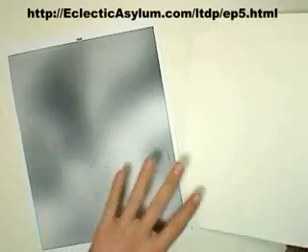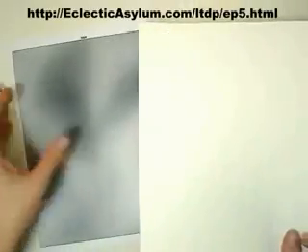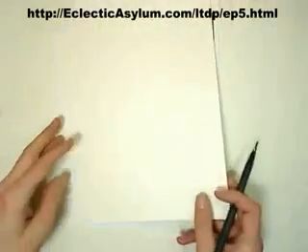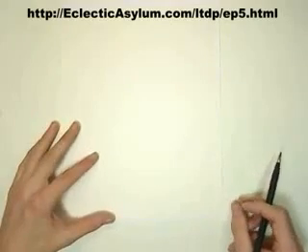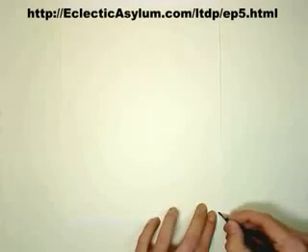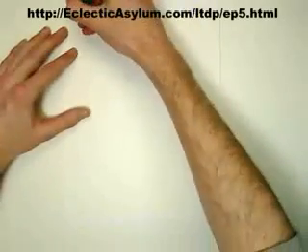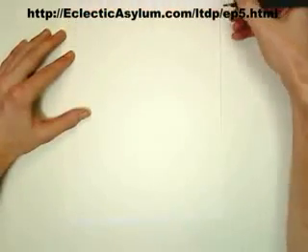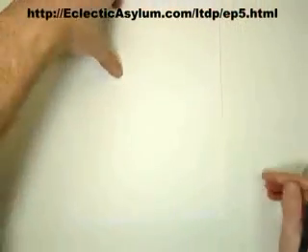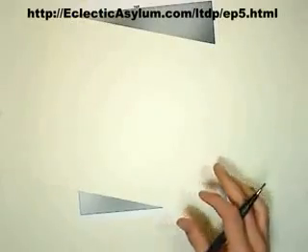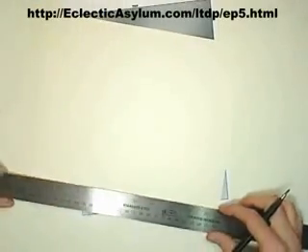Now you can either measure it out, or just a real quick way, if you don't feel like doing that, just lay your paper over the top of it and mark the corners off of it. Grab your ruler and just connect the lines.